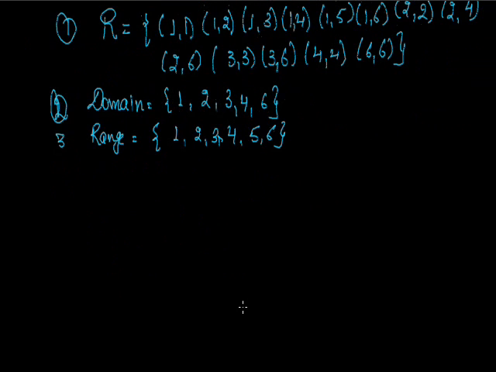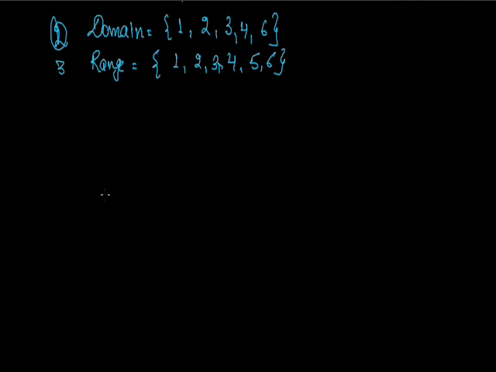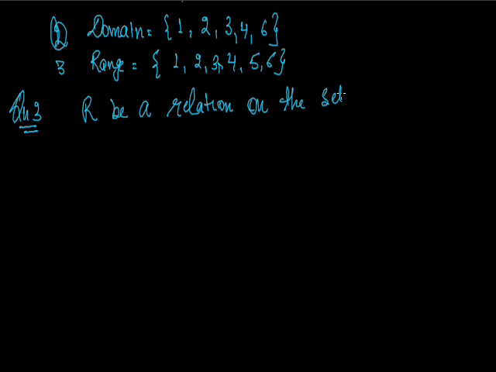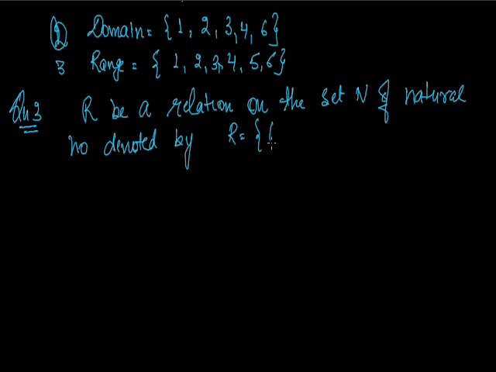Let's move to the next question, that is question number 3. In this, R is a relation on the set N of natural numbers denoted by (A, B) such that A plus 3B is equal to 12, where A belongs to natural numbers and B also belongs to natural numbers.